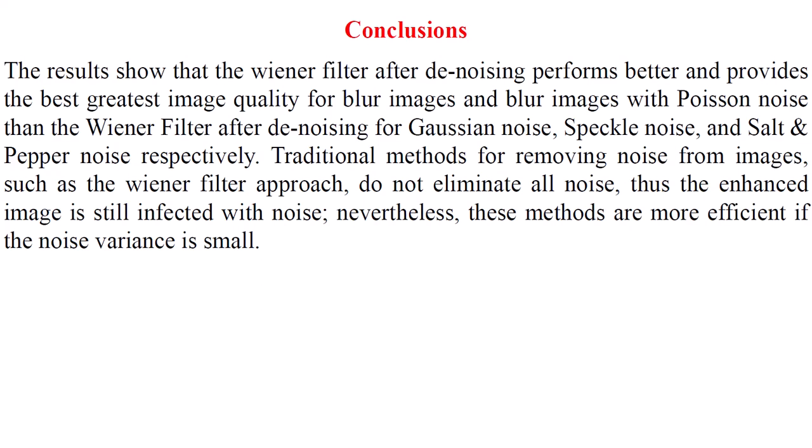Also, traditional methods for removing noise from image such as winner filter approach don't eliminate all noise. Thus the enhanced image is still infected with noise. These methods are more efficient if the noise variance is small.